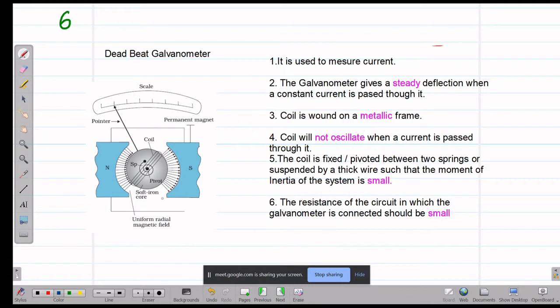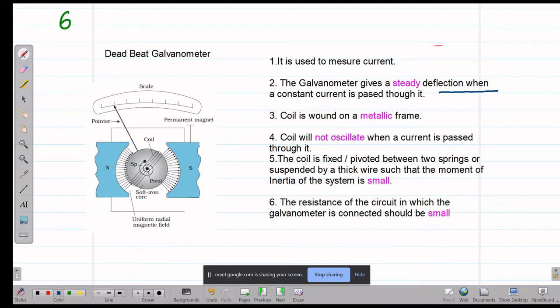The second most important thing is, when you pass a steady current through a deadbeat galvanometer, the coil will not oscillate. That we already mentioned in the first point actually. The galvanometer will give a steady, constant deflection. The coil will not oscillate.